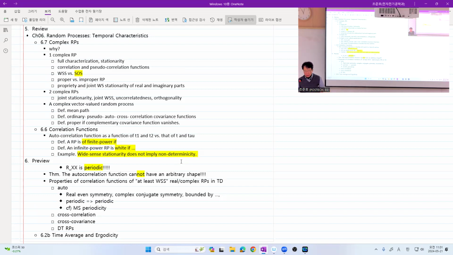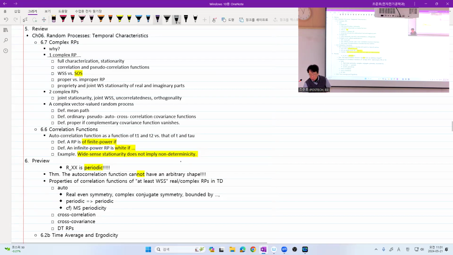For the full characterization of a single complex random process, you need to just do what you have done to completely characterize two jointly distributed real random processes. By using Kolmogorov's idea, you take M samples from the real part, you take N samples from the imaginary part, and then you form a big random vector consisting of two random vectors.